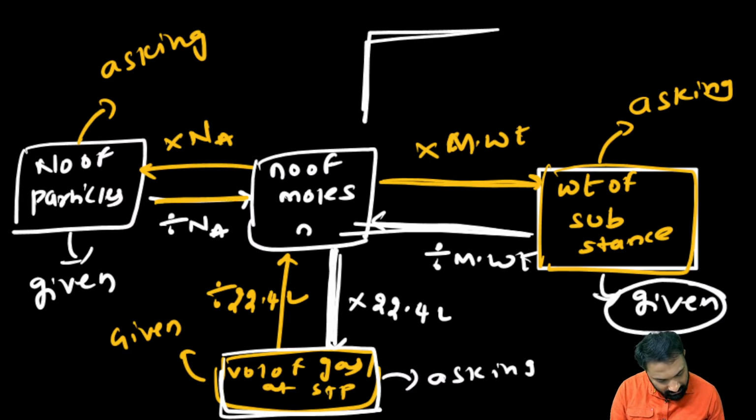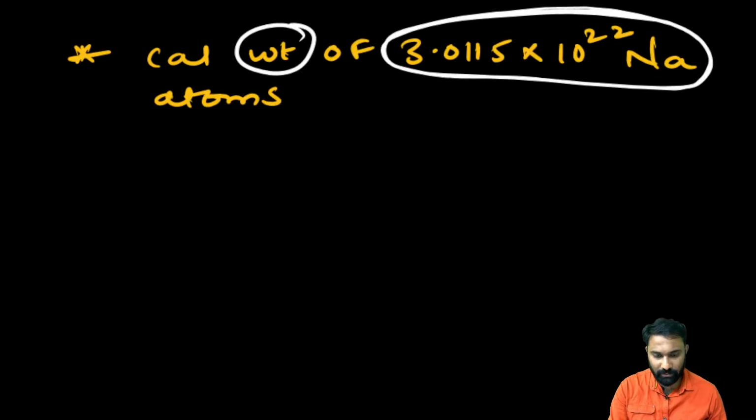Here number of particles given, and he is asking weight of the substance. 11.5 into 10 to the power minus 1.